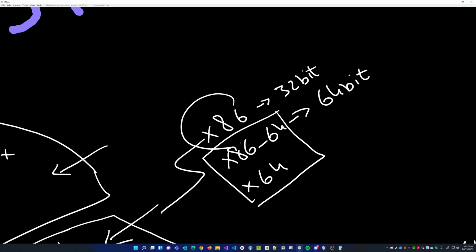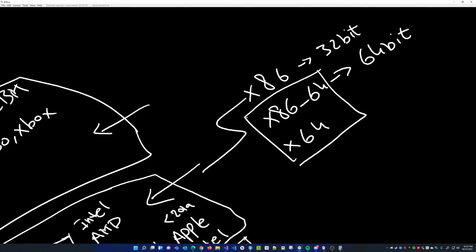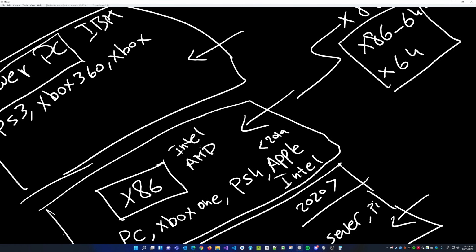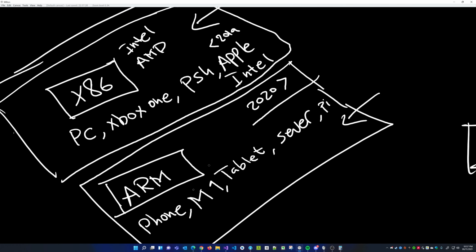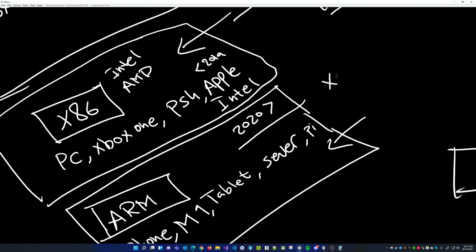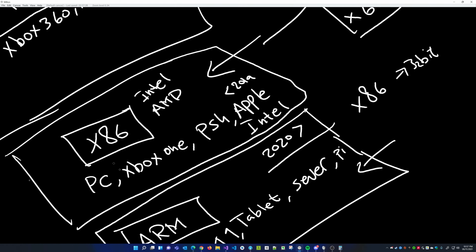But I want you to understand that x86 is the name of the family of CPUs we are supporting, and it can also mean the number of bits the CPU supports, which is 32-bit. Now, for ARM, you will never see ARM x86. This naming convention is only for x86.